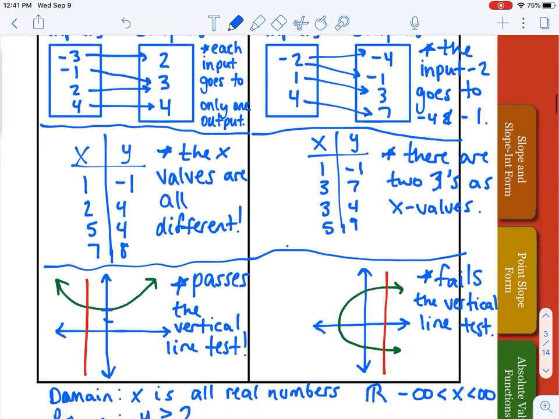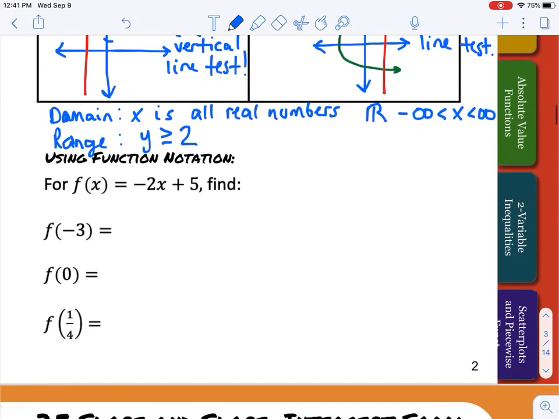Right, and then the last thing, kind of completely separate, we have something new called function notation. Function notation is basically this right here. You say it f of x. That's how you say this notation down here. F of x just basically is saying the same thing as y.